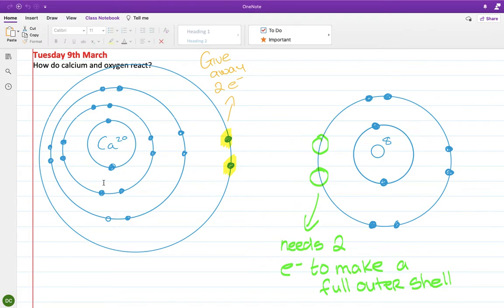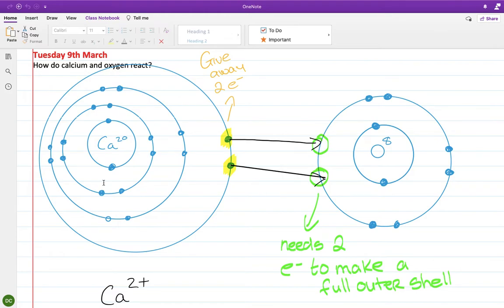So calcium is going to give away that electron over to here and that electron over to here. Okay, so calcium has given electrons away, so it's given away negative charge, so now it's positively charged, and it's given away 2. So it's calcium 2+. It's a positively charged ion.